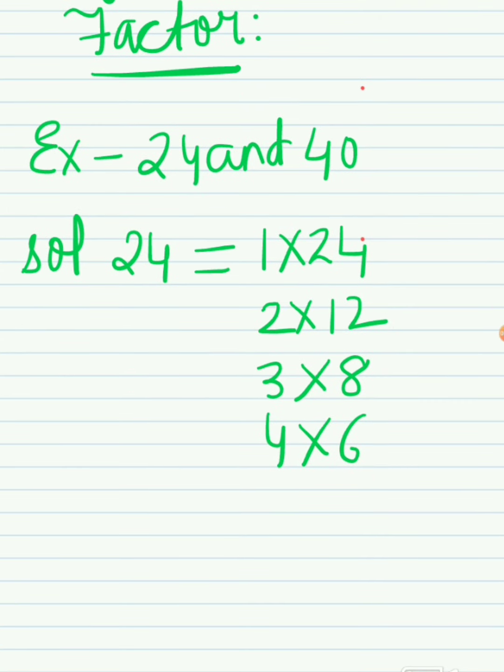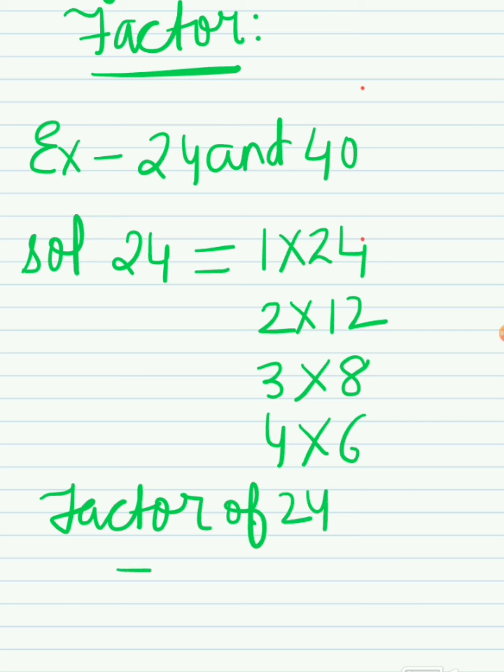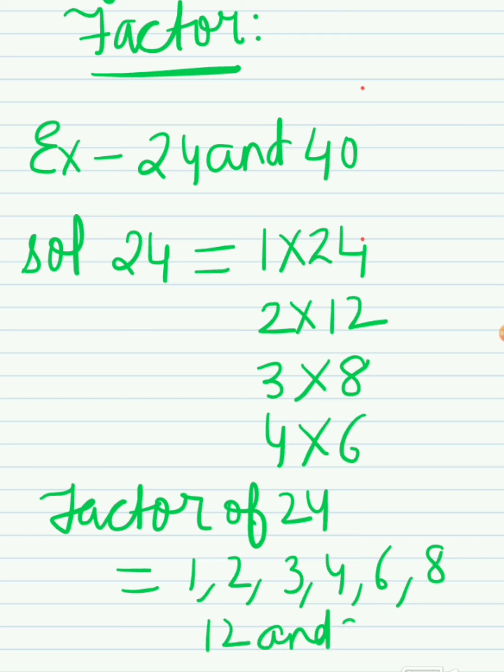It means these are the factors of 24. So we will write here: factors of 24 are 1, 2, 3, 4, 6, 8, 12 and 24. It is easy to find out.